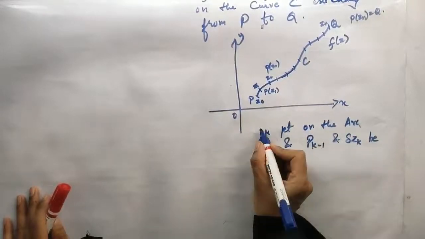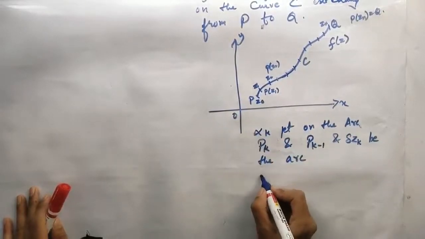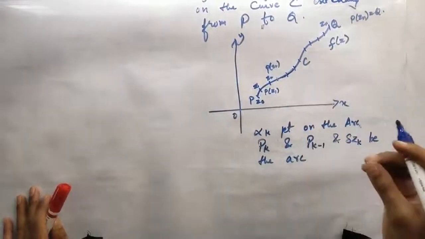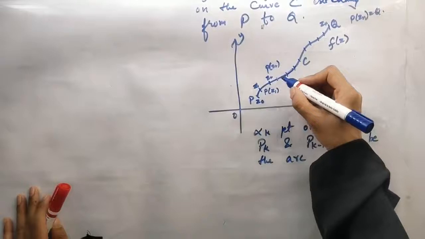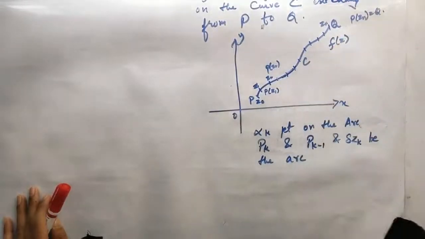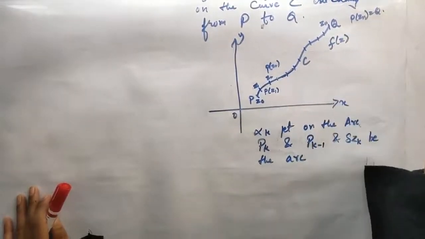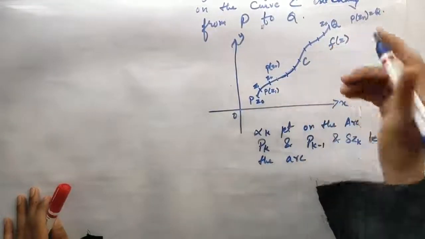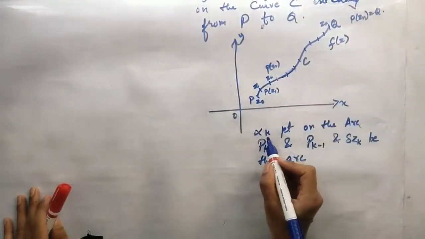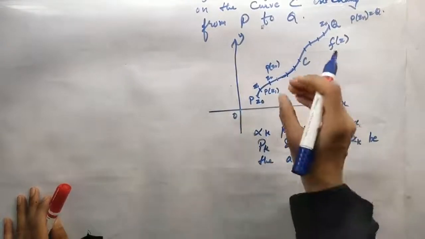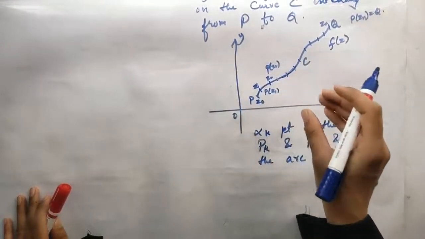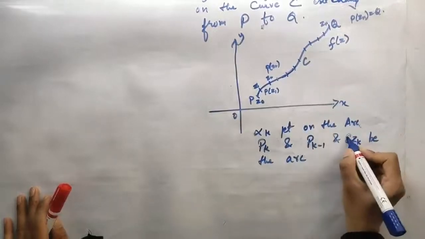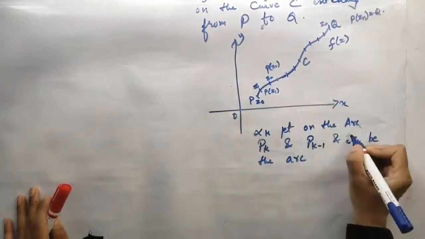Now I'll do it for each and every part of the curve C. N equal parts I have, right? For each and every part of that curve C, I'll consider one arbitrary point alpha k belonging to that arc of the curve, and then I'll also consider the length of that arc where that point has been considered.